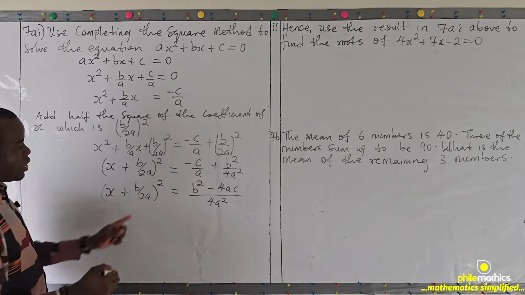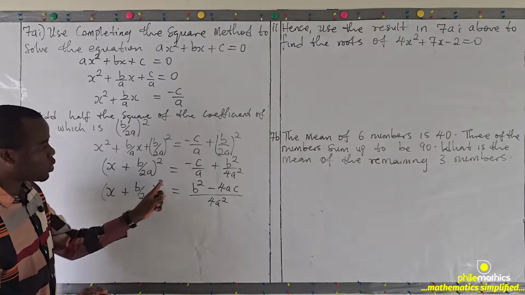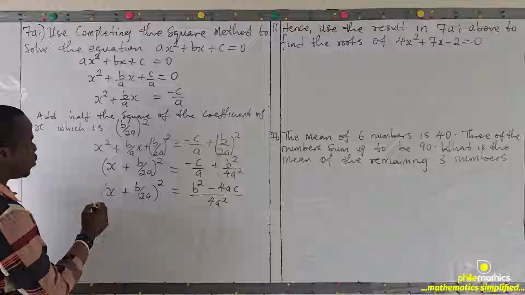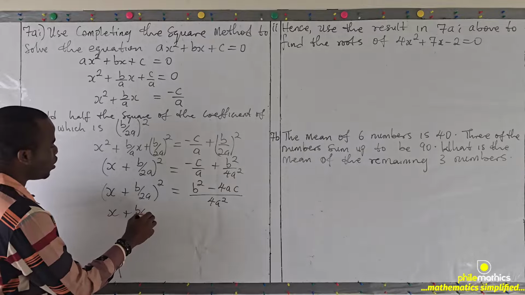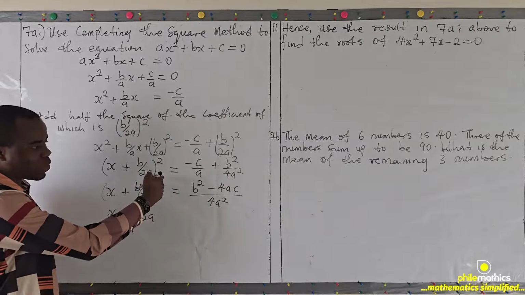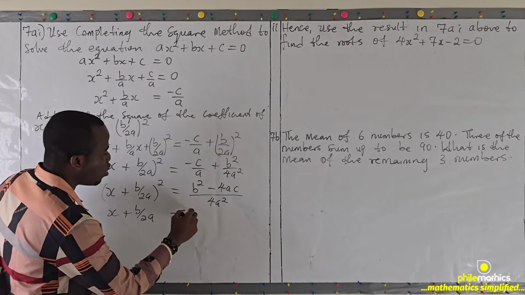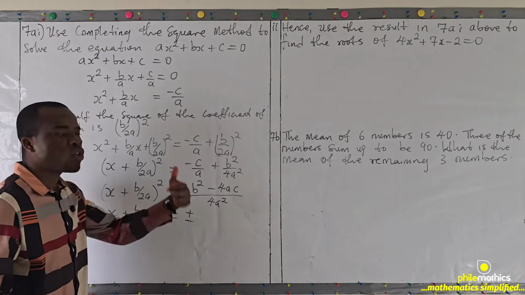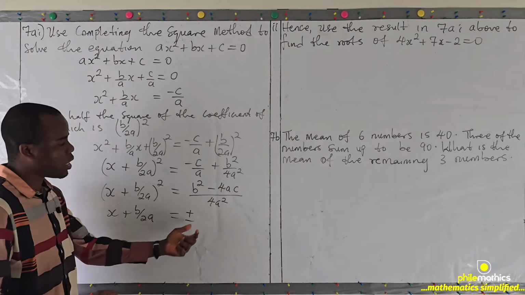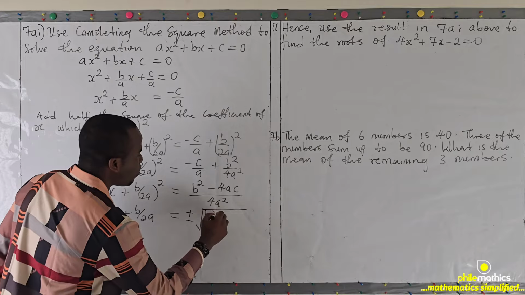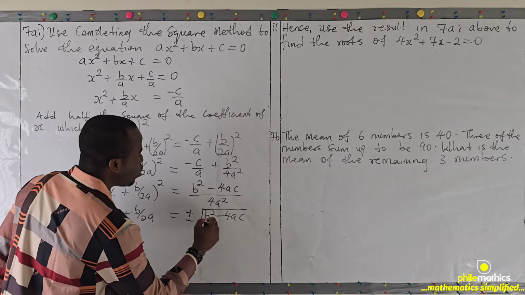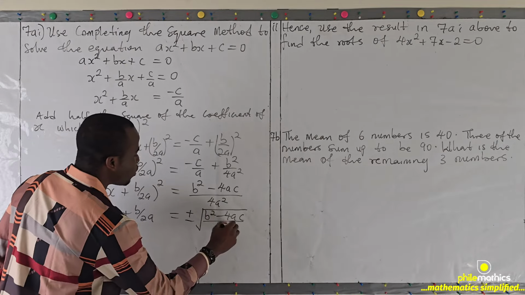And so at this point, I can take the square root of both sides. I'll have x plus b over 2a. The square root cancels this square. We'll have plus and minus, because if you take the square root of a number, you get either the plus or the minus of that number. Square root of b square minus 4ac over 4a square.